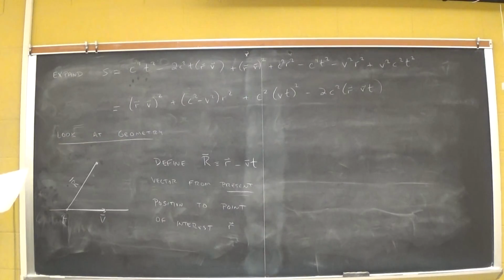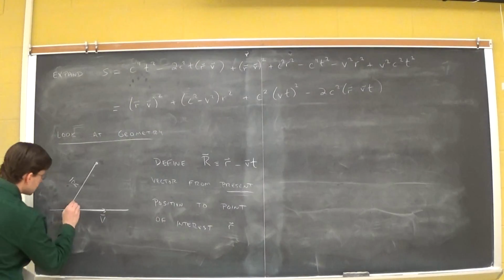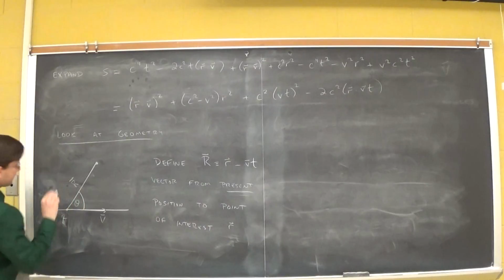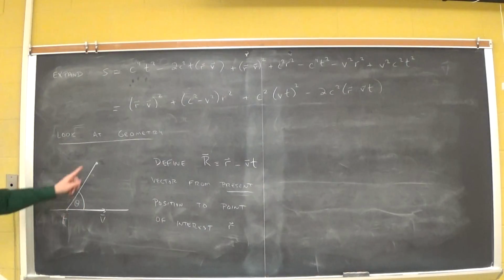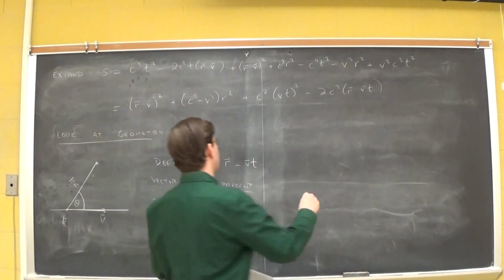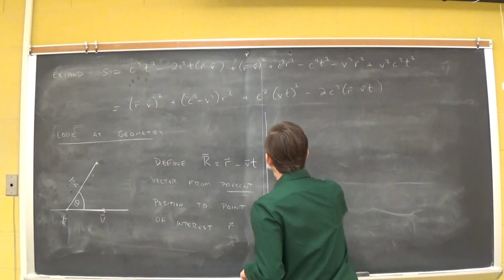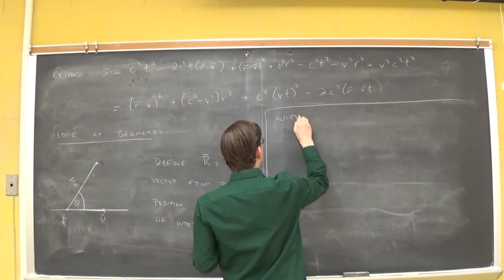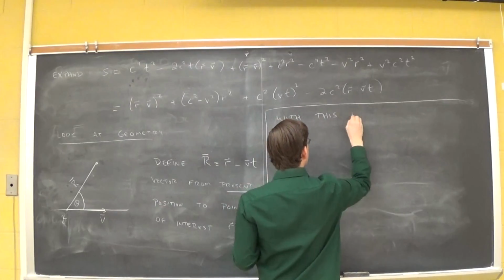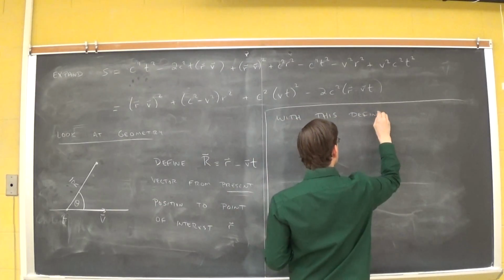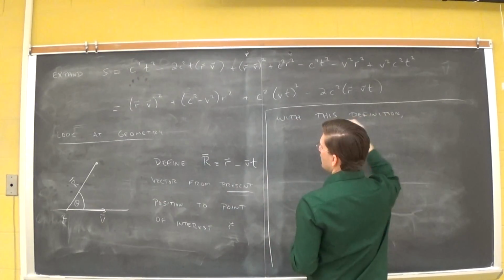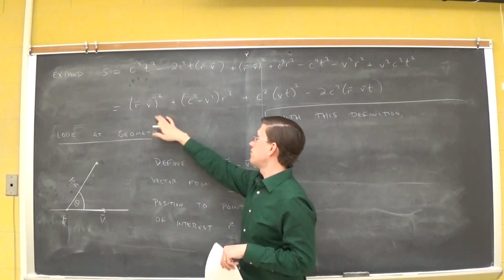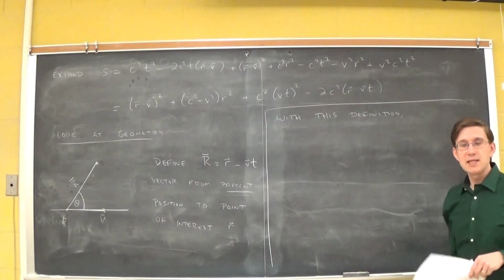Okay. And then one additional thing that we can do is define an angle theta, which is the angle between that vector R and the velocity vector. And with this definition, this expression for S simplifies even further.